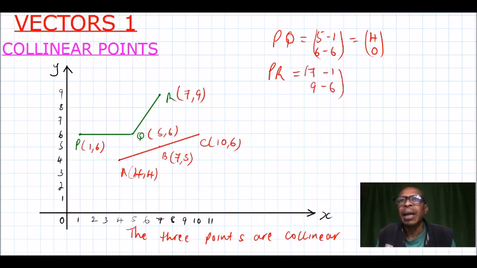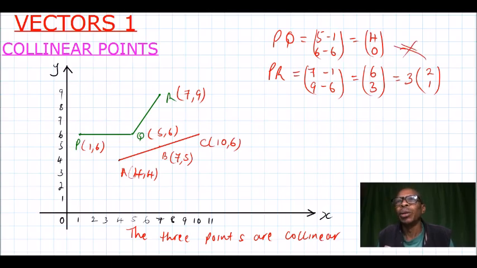So we say this is equal to 6, 3. You see now, there is no way we can write PQ in terms of PR. Even if we factor out 3 here, we will be left with 2 and 1, and they are not equal. So we cannot express PQ in terms of PR.